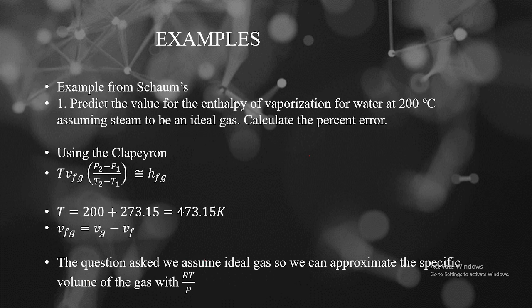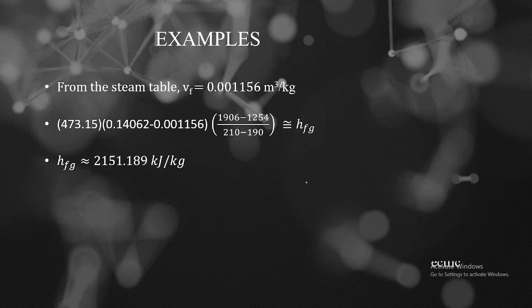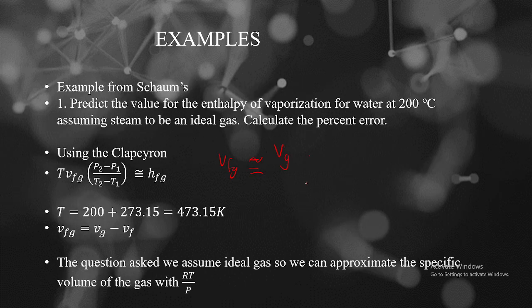And the question told us to assume we are working with an ideal gas, right? So we can use this to approximate the specific volume of the gas, right? We are not going to assume that now Vfg is approximately equal to Vg, because you realize that we have very high temperatures.